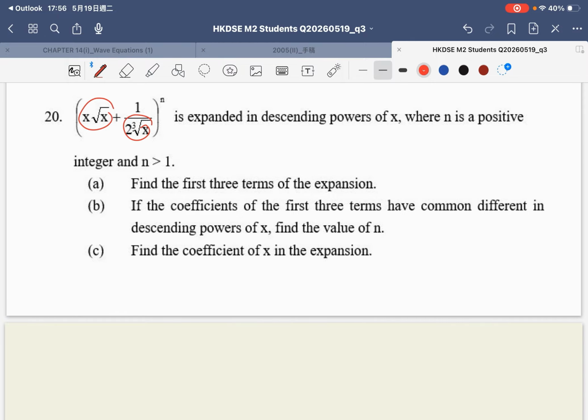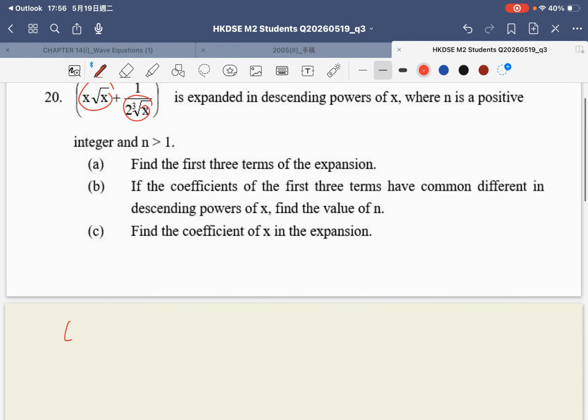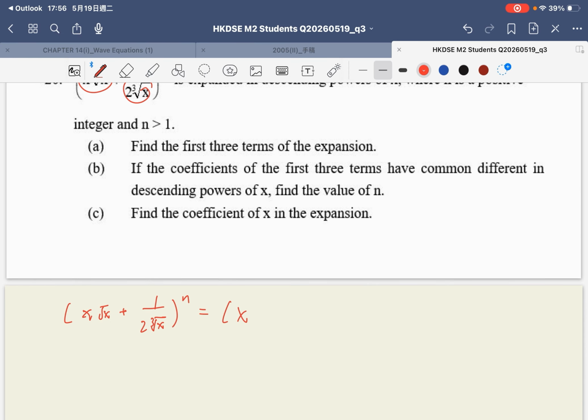Actually, it is in descending order. Therefore, if we expand this, naturally it can be in the format of descending order. This is x to the power 3 over 2, and this is 1 over 2 times x to the power negative 1 over 3, to the power n.